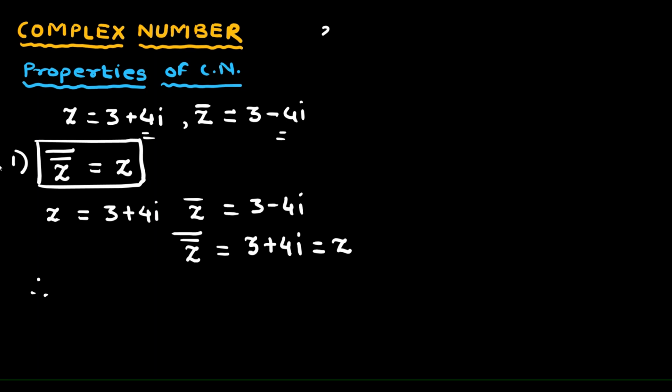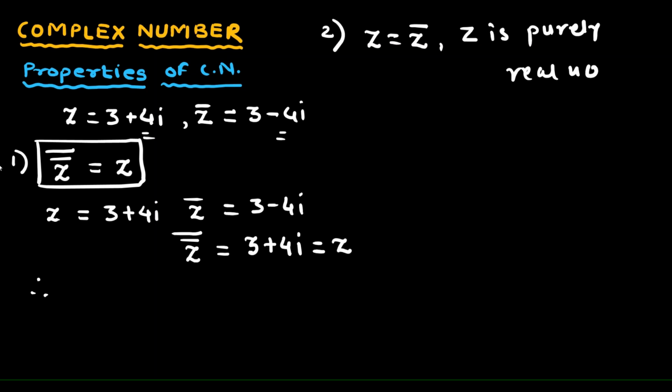The second property is that if z equals z conjugate, then z is a purely real number. Suppose z equals 5, then we know that the z conjugate will be 5 because it is only the real part and we cannot change the sign of the real part.